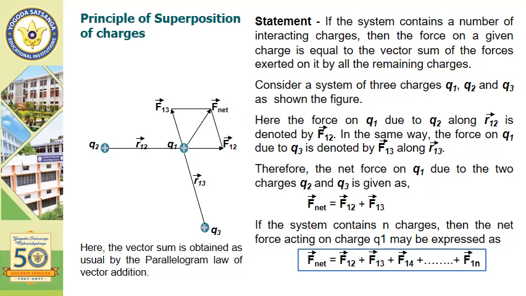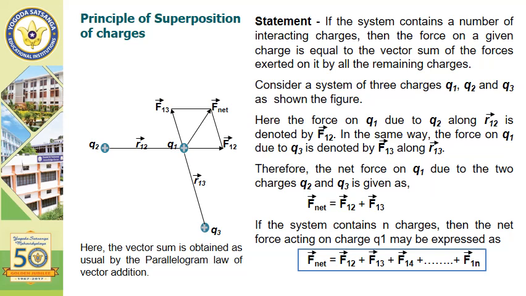That means there are two different forces acting on charge Q1 in two different directions. So from the parallelogram law of vector addition, we can calculate the net force acting on charge Q1 due to the rest two charges, that is Q2 and Q3. So F net is given by the sum of F12 vector and F13 vector.